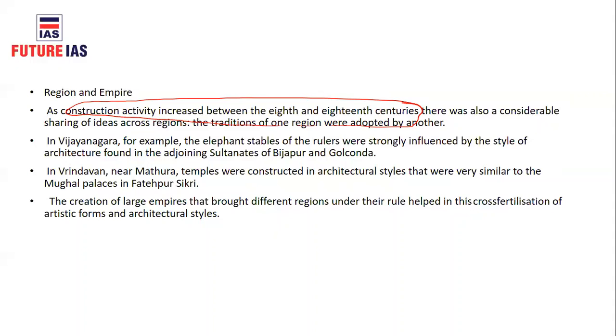For example, in Vijayanagar, the elephant stables of the rulers were strongly influenced by the style of the adjoining sultanates of Bijapur and Golconda, isn't it? If you visit the Vrindavan region near Mathura, the temples constructed there were influenced by architectural styles very similar to the Mughals in Fatehpur Sikri, isn't it?